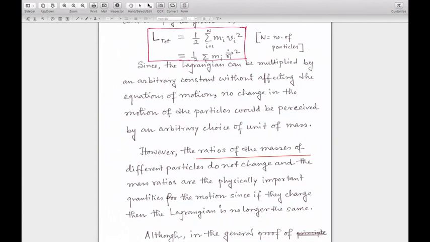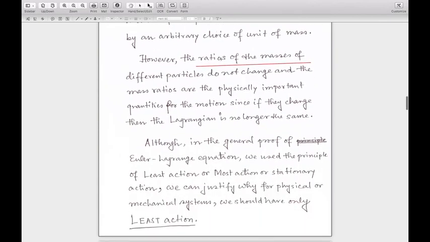So this Lagrangian is not the same Lagrangian qualitatively as the previous one. Quantitatively the Lagrangian is always different, even if you multiply this by a constant factor. What I am saying is that in the second case, it is both qualitatively and quantitatively different, and the motion will change. That you have to understand.